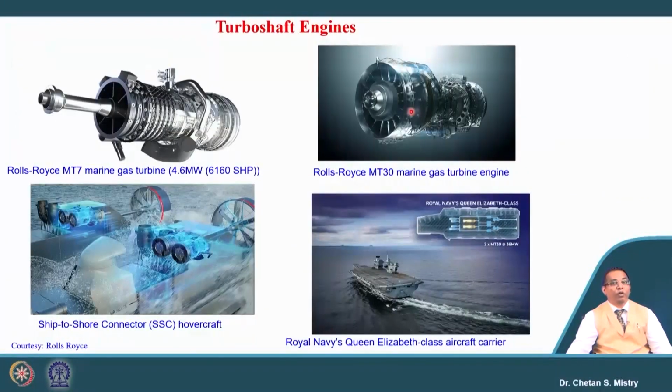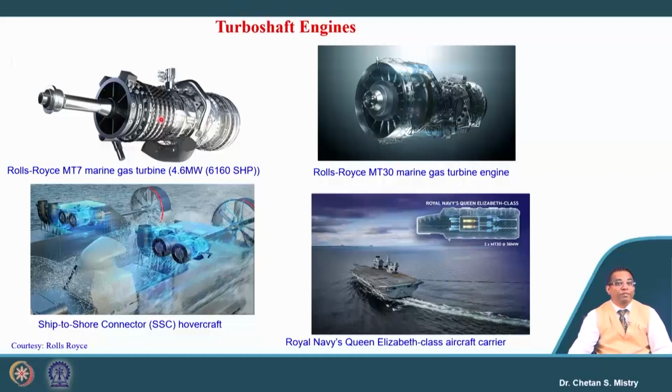Let's see what the other applications of this turboshaft engine are. You can imagine that what we are discussing now is not related to thrust, it is mainly related to power. So people found applications for this turboshaft engine. Here this is a Rolls-Royce MT7 marine engine.